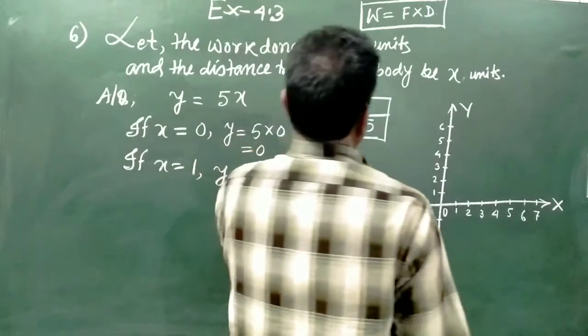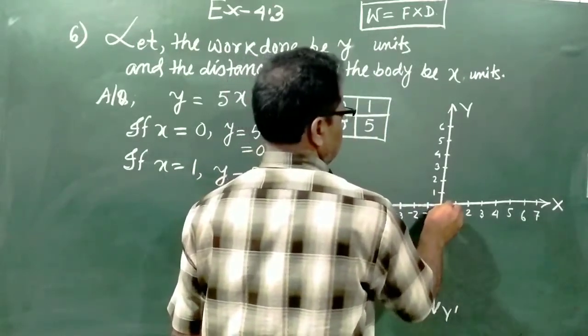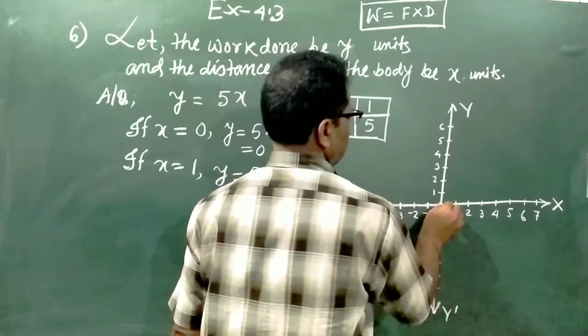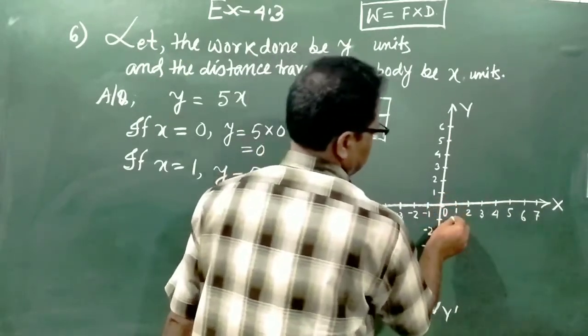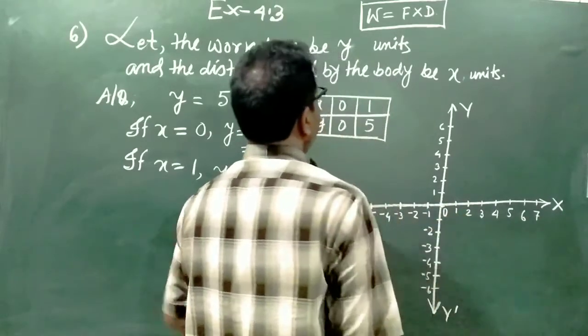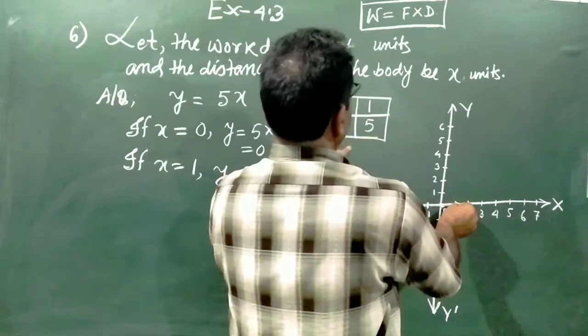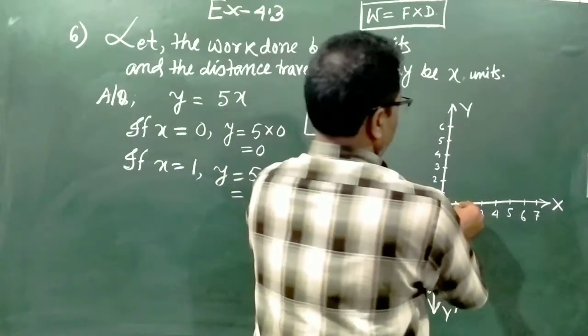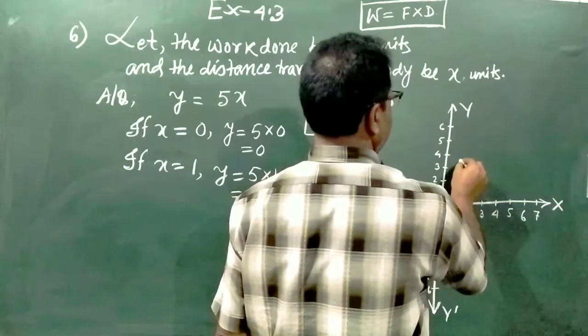Then x 0, y 0. x 0 is here and y 0 is also here. So this is the point which is called origin. This is 0, 0. The other point is x equal to 1 here and y is equal to 5, positive. Then y positive upside, up to 5. 1, 2, 3, 4, 5.